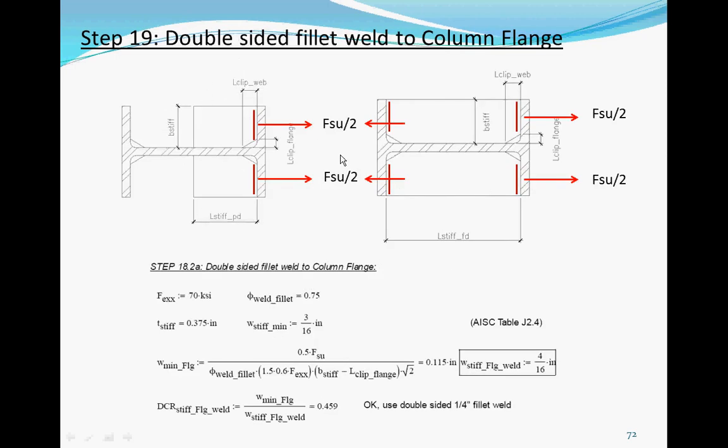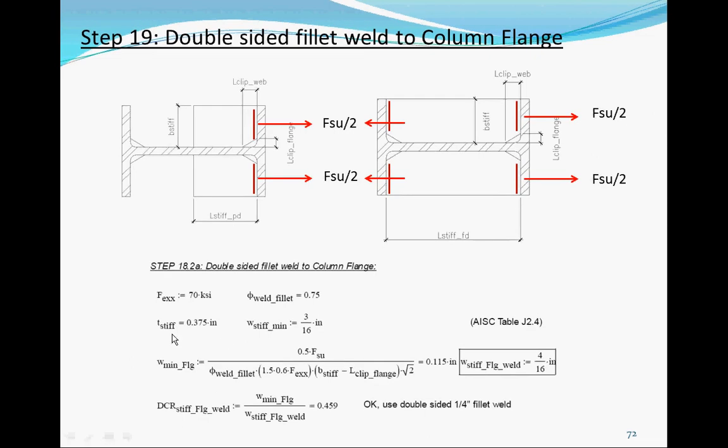After the stiffener is checked, now we have the size of the fillet weld to the column flange. So this one is pulling on it by FU divided by 2. This is the weld we're talking about. If you're pulling on either side, these are the welds we're talking about. So the fillet weld is 0.75, 70 ksi.